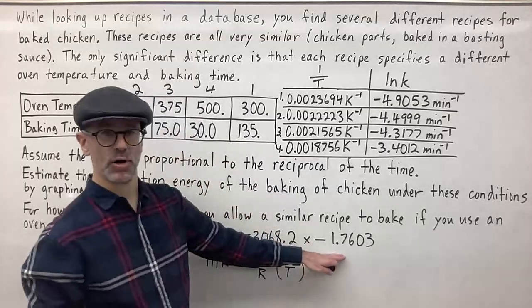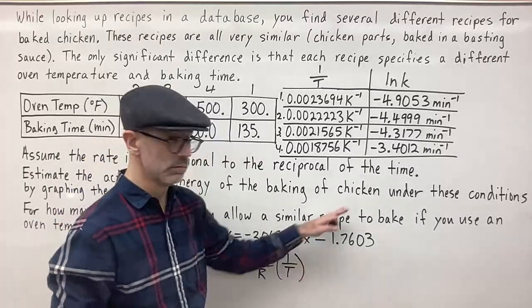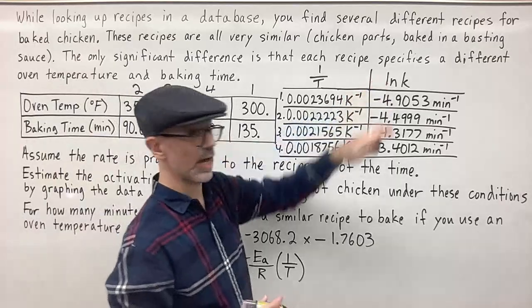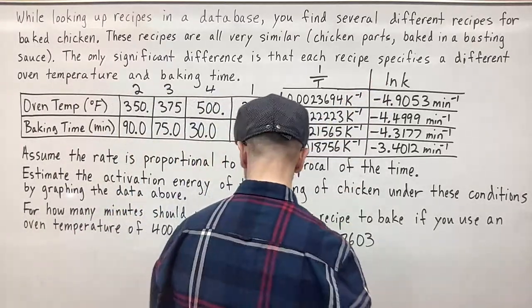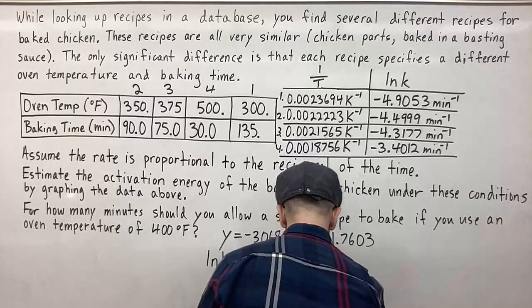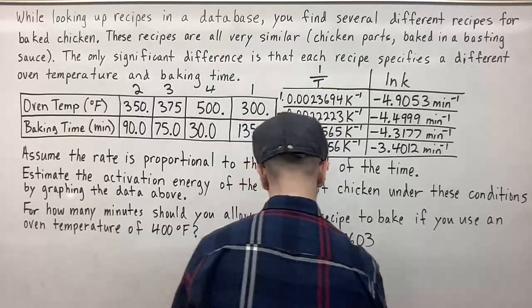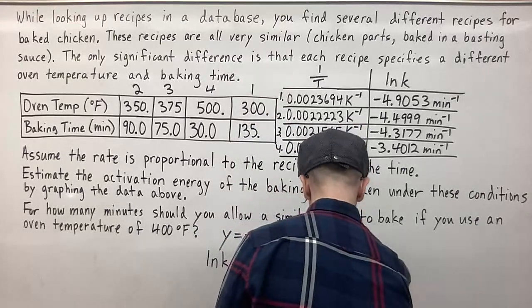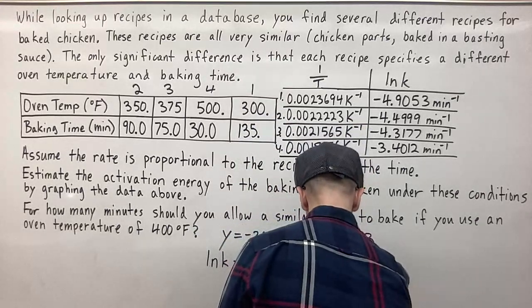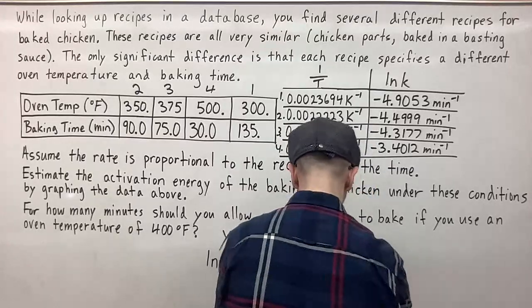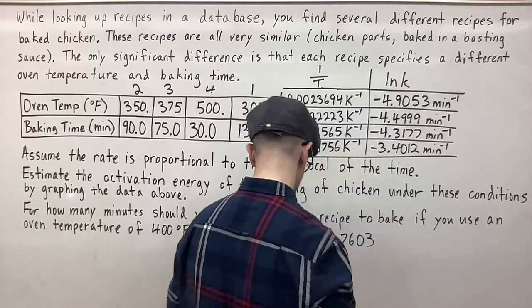And then our y-intercept. Again, y is ln of k, so then it's just going to be minus the ln of, whatever that is. So we'll say ln of k at the y-intercept when temperature is 0.